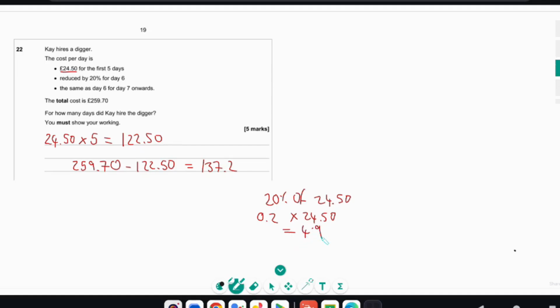It's a 20% reduction, so I need to do £24.50 minus £4.90. £19.60 per day. So we need to work out how many £19.60s there are in £137.20.